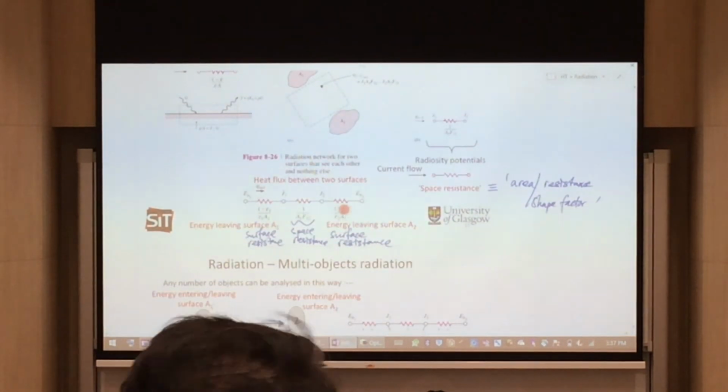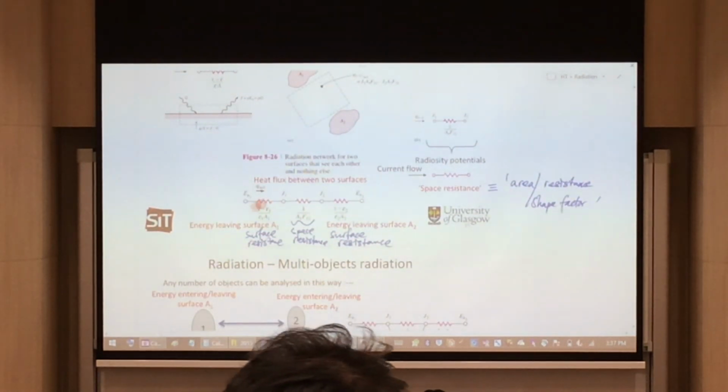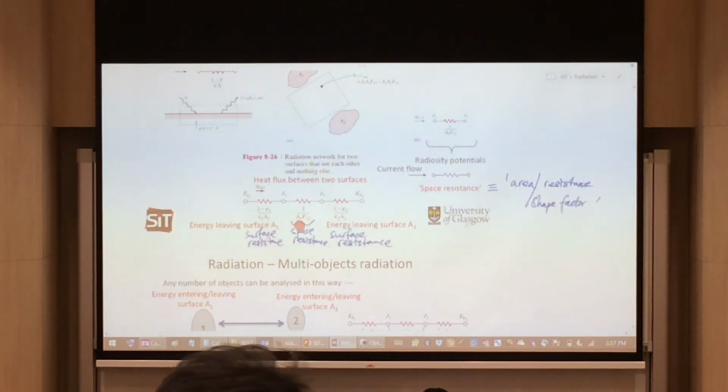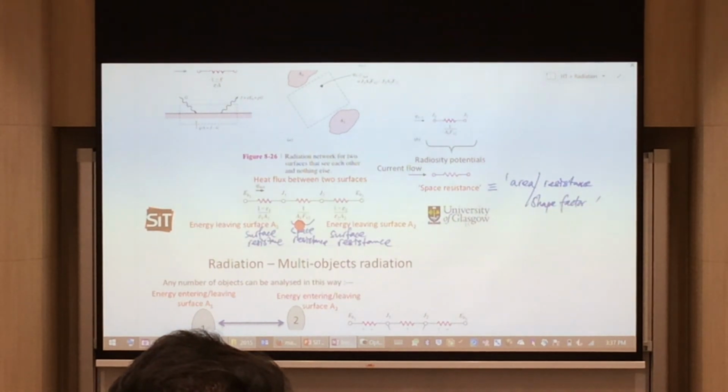So you need to memorize these expressions for your resistance: for conduction, which is split into plate conduction and cylindrical shape conduction, your convection thermal resistance, your surface resistance for radiation, and your space resistance, all these expressions.